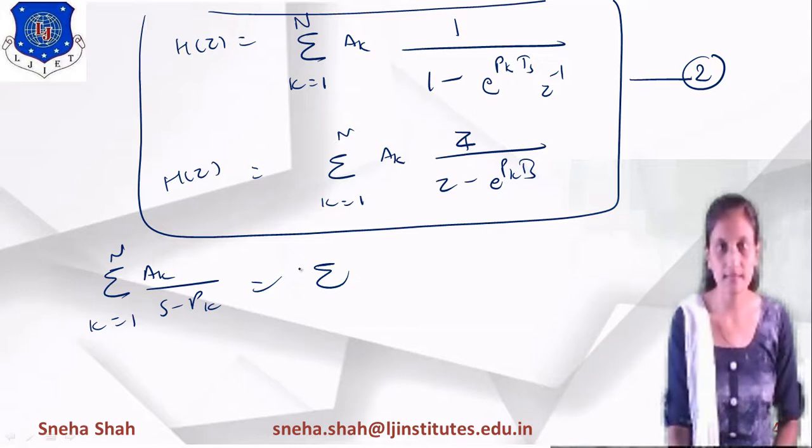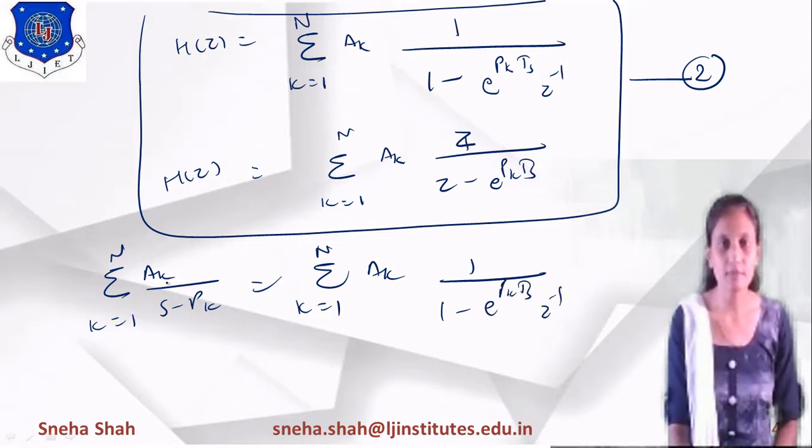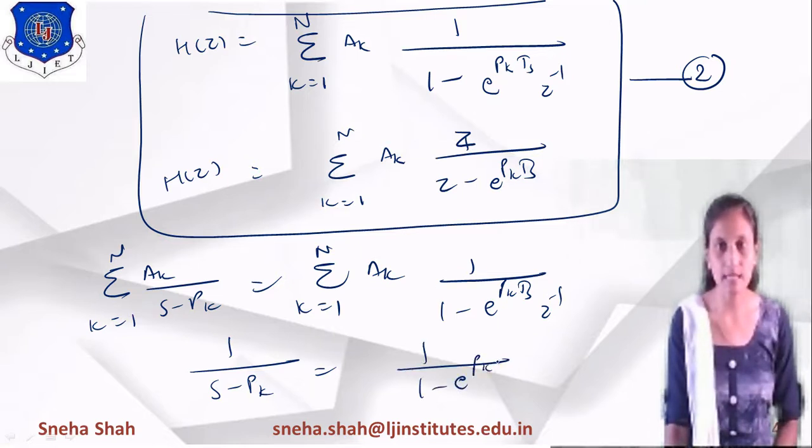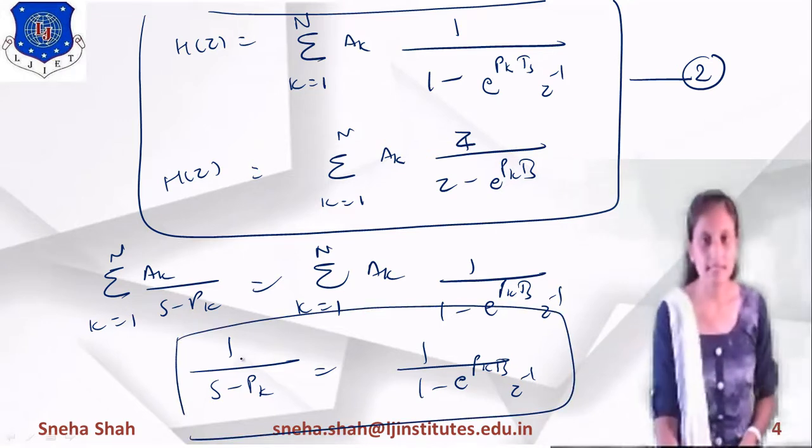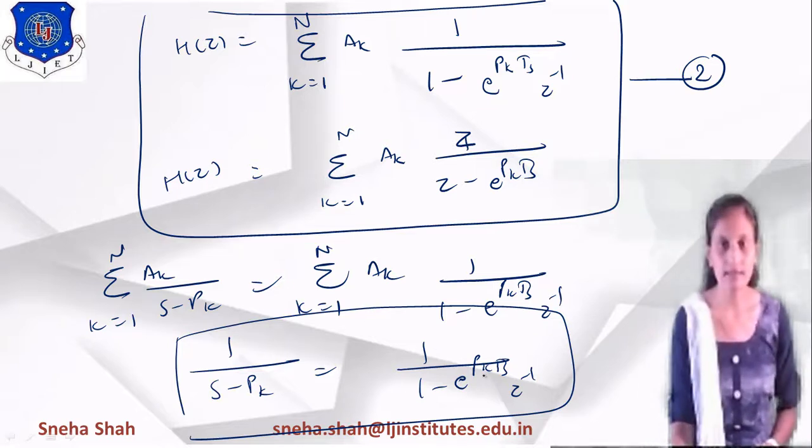Suppose I am writing this equation, the summation k equals 1 to n ak into 1 upon 1 minus e raised to pk ds z inverse. So from this you can see that if I am representing this as ak into 1 upon s minus pk, this term will remain the same on both sides. So after equating these two terms, I can say that 1 upon s minus pk equals 1 upon 1 minus e raised to pk ds z inverse. So this is the final answer for conversion of this analog filter to its equivalent digital filter.